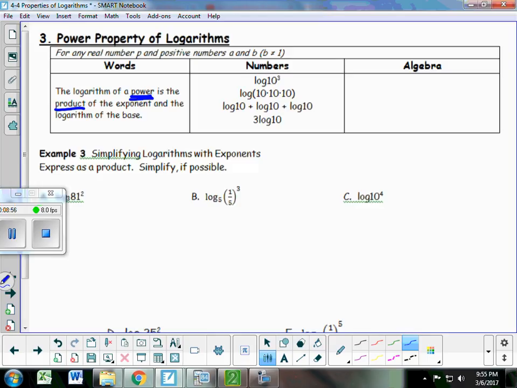The product property: if we see multiplication, we can split that up into additions. And since there's 3 of them, you can put a 3 in front and just write the common logarithm of 10 just once. So if you see how we can go from this top step to this bottom step, the shortcut is that you take that exponent and bring it out in front.